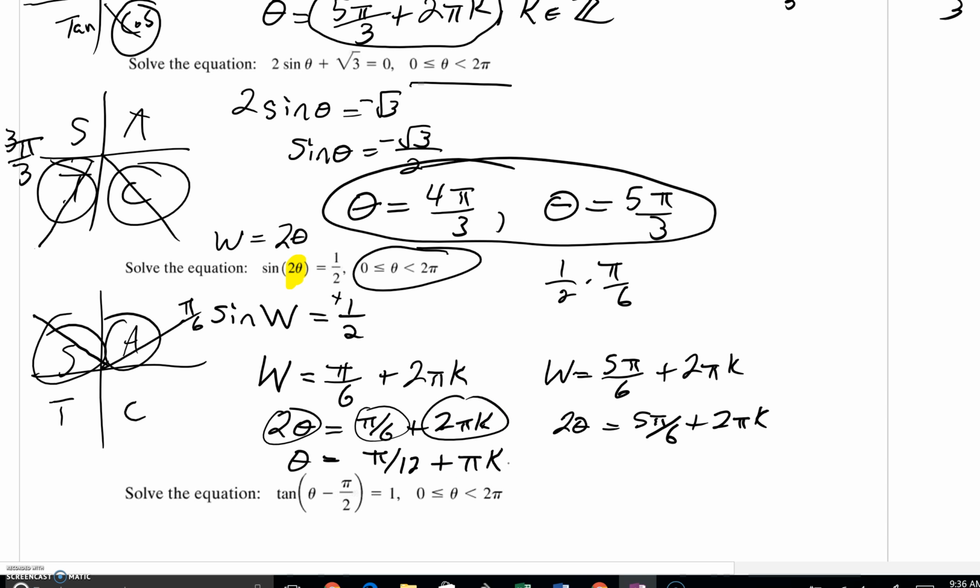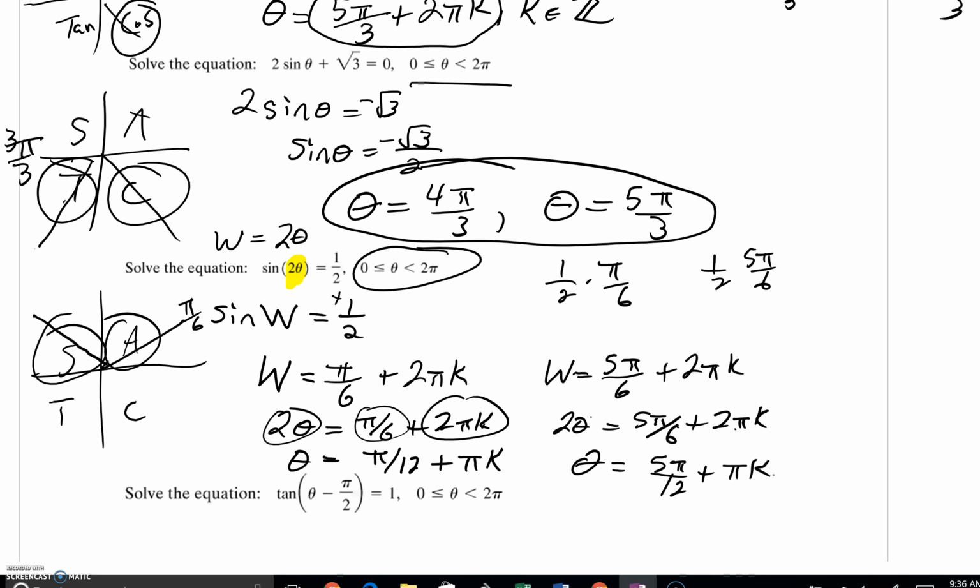You see that? And then you come over here, you'd say, well, I'm going to take half of every item here. You'd say, what's half of 5 pi over 6? Answer, 5 pi over 12. And then you take half of 2 pi k, you get pi k. Now again, this might seem very contrary to what I was talking about earlier, where kids are saying, you're writing out an infinite number of answers when you have this.